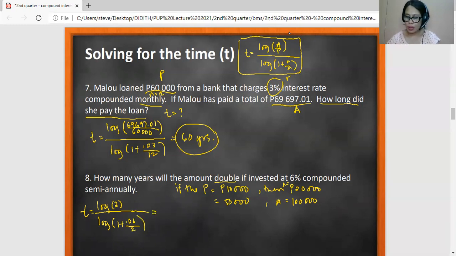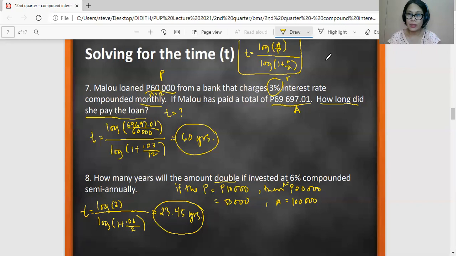So your time is equal to 23.45 years. So this is how we work on compound interest problems. So that's it for now.